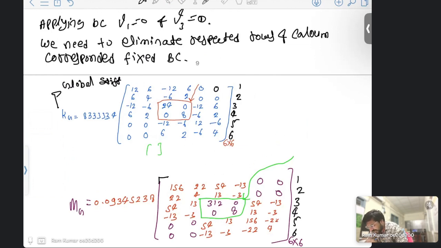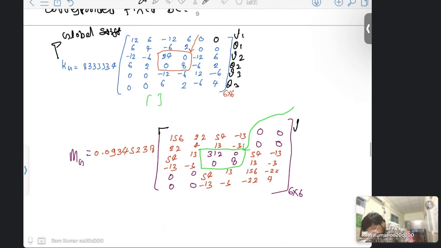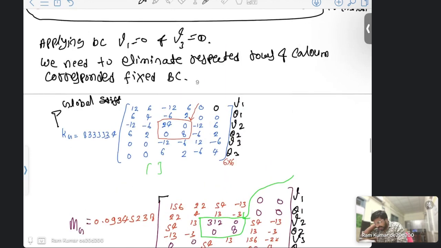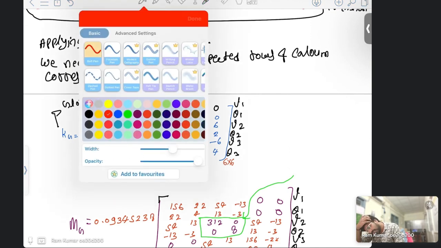Not like this, sorry. We are putting not 1, 2. We are putting only b1 theta 1. So it will be b1 theta 1, b2 theta 2, b3 theta 3. Similarly, b1 theta 1, b2 theta 2, b3 theta 3. So we are having degrees of freedom b1 and b3 that we have to delete.